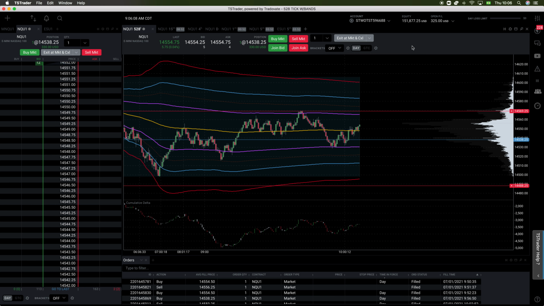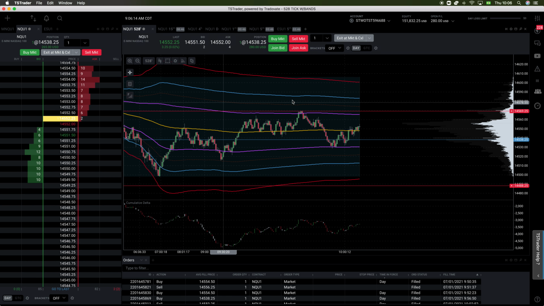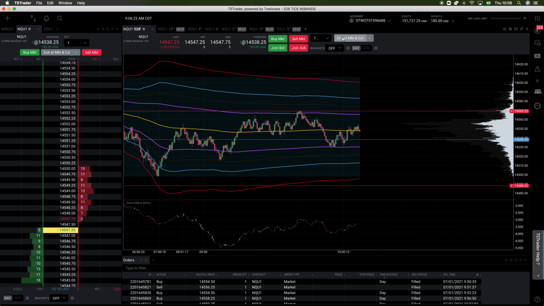Price is going up a little. I do want to be patient to see if these wicks get filled, because I would really like these wicks to get filled. But I don't want to be a dick for a tick and miss out on everything.